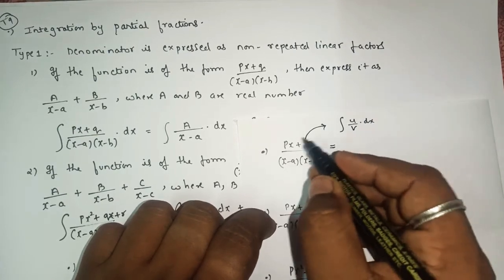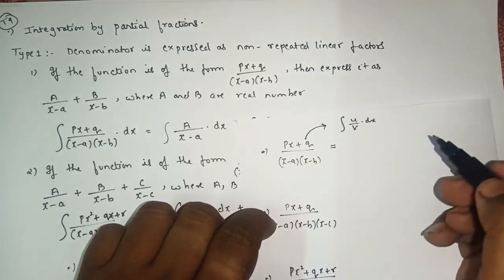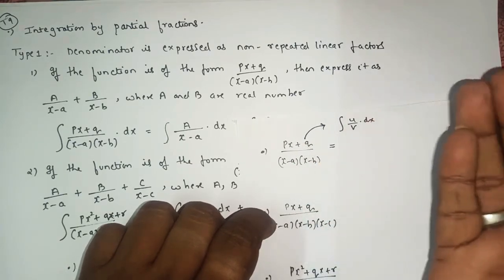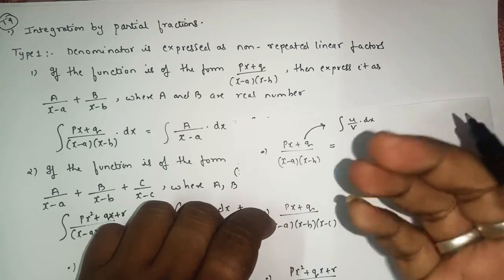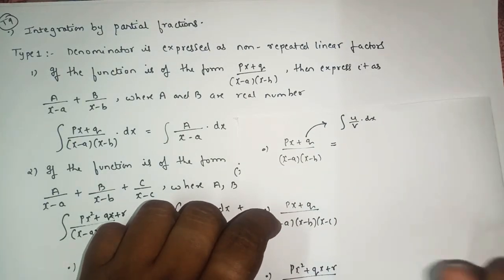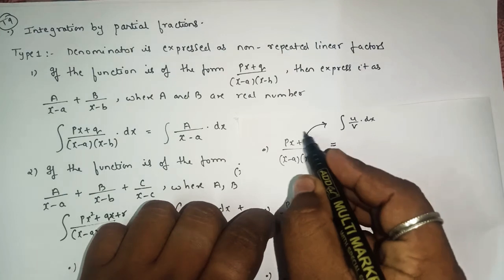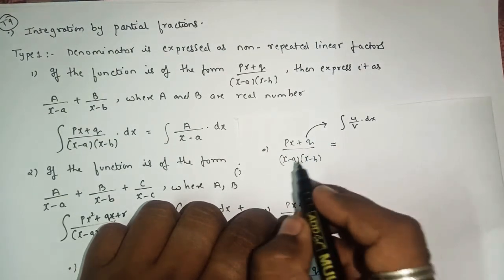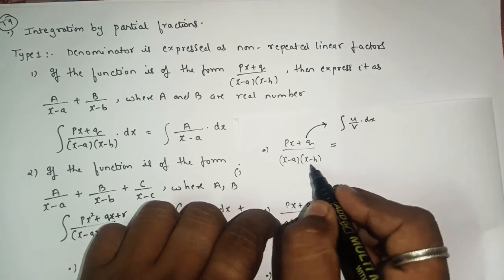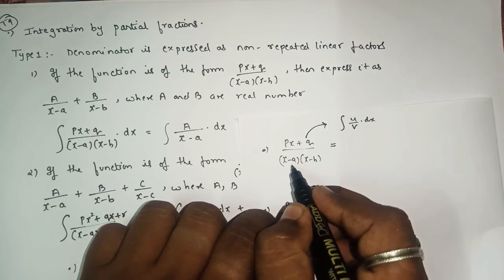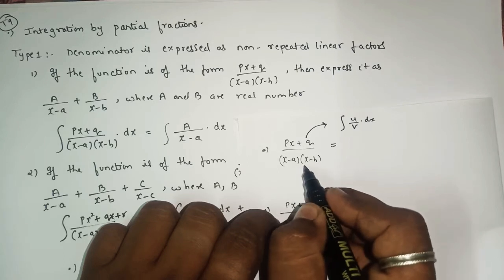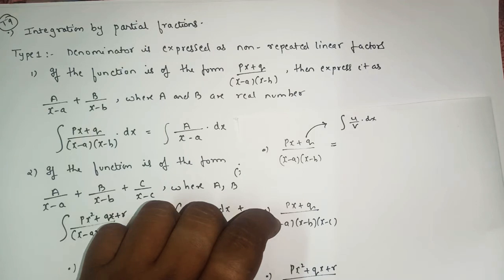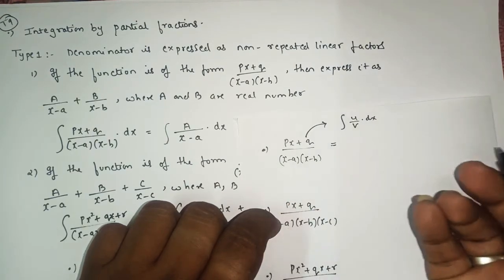So we have to make some adjustment so that we can proceed with the integration. Whenever you see a linear expression in the numerator and two linear factors in the denominator, it has to be a non-repeated linear factor, so a and b should be different.